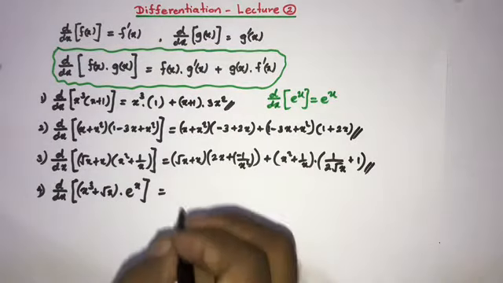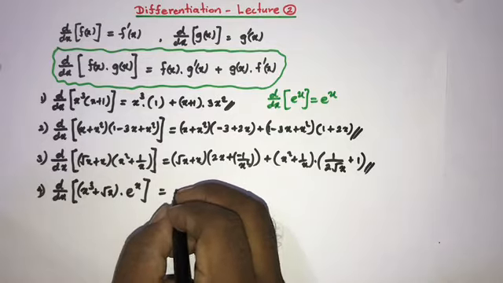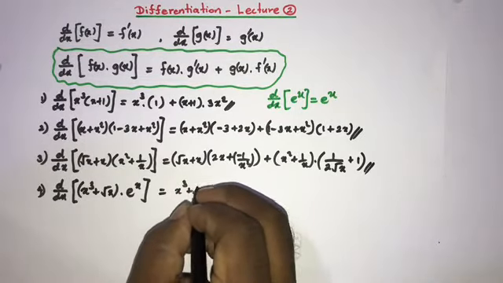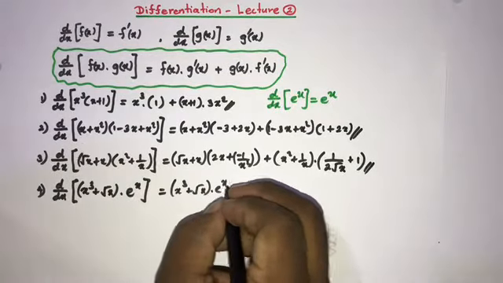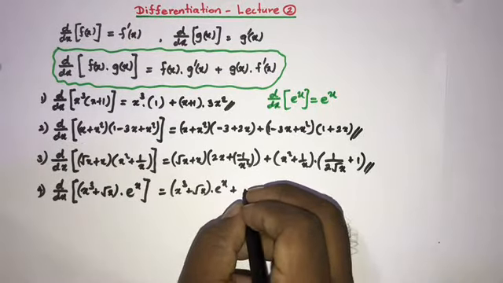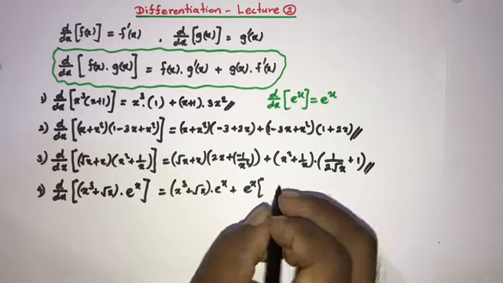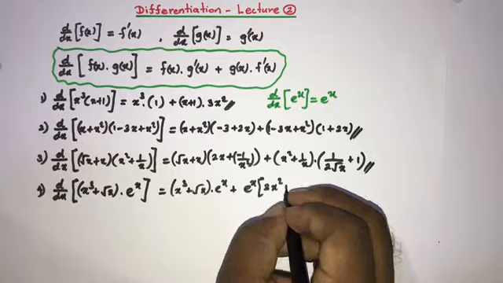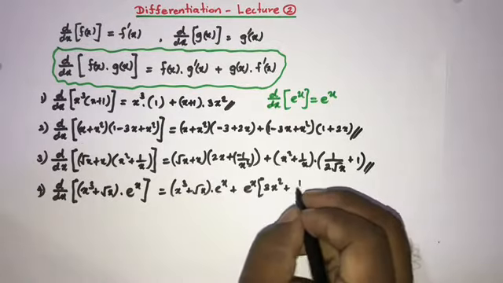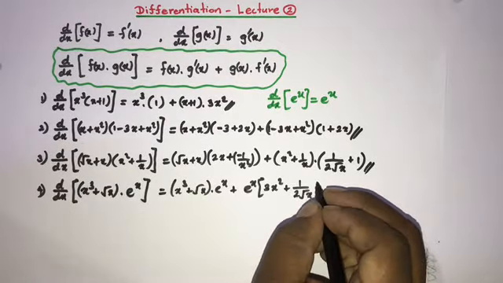So now we can write here, rewrite the first function, so x cube plus square root of x. Now the derivative of e to the x we know is e to the x, the same function, then plus, then rewrite the second function, then the derivative of the first function, we know x cube gives 3 times x square, plus for the square root function, we know 1 over 2 times the square root of x.